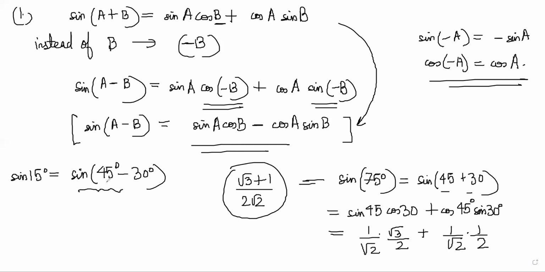Therefore it is important to know how to get the sine A minus B formula from sine A plus B. Similarly, cos A plus B is cos A cos B minus sine A sine B. I replace B with minus B again.